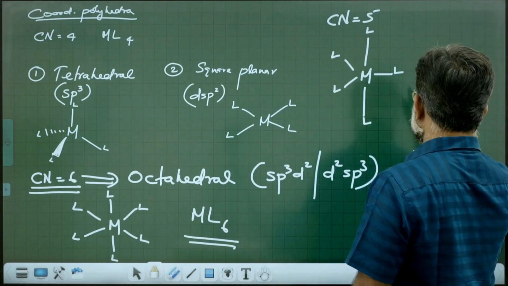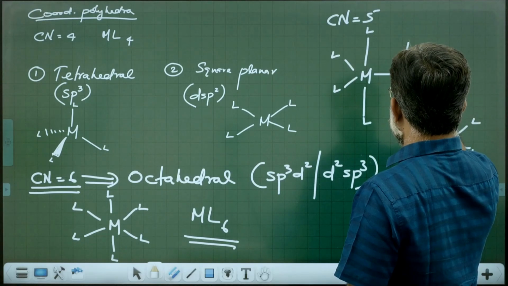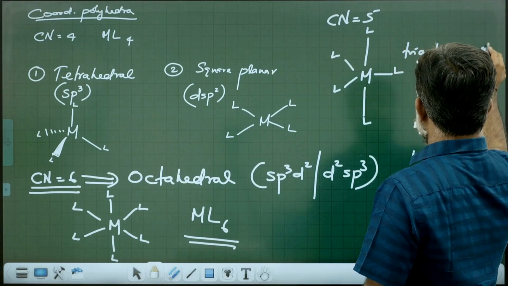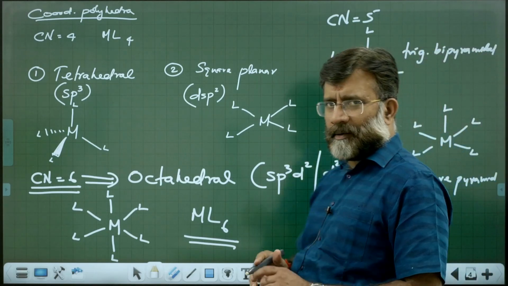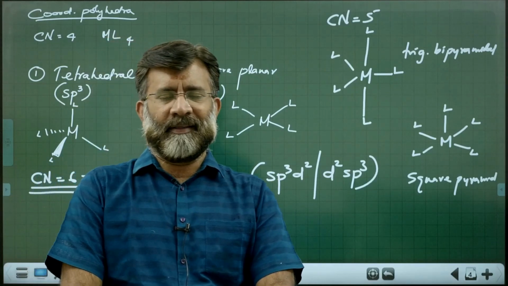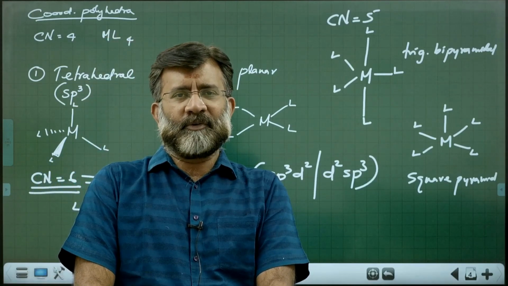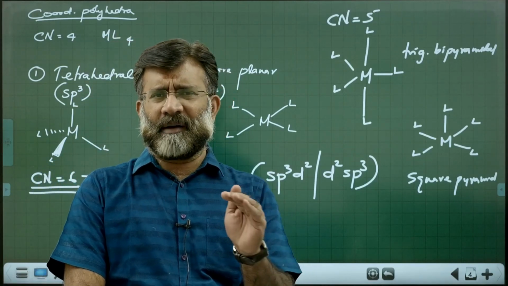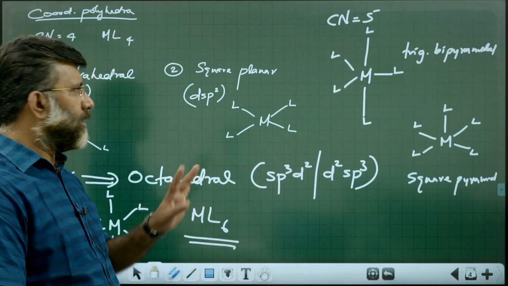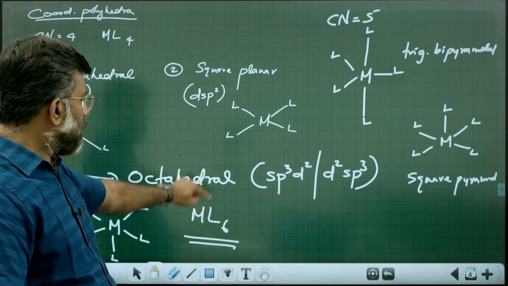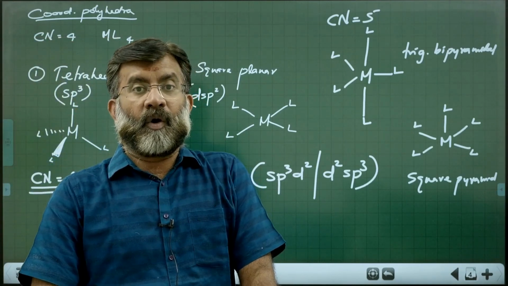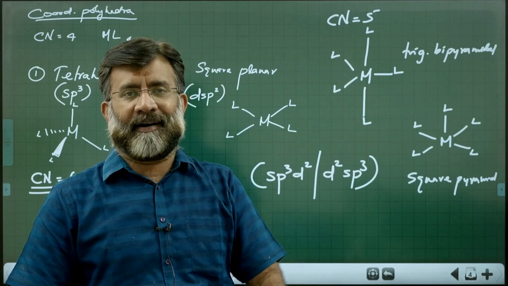These are coordination number 5 systems, but less common compared to the other categories. Most commonly encountered are tetrahedral, square planar and octahedral, and they are called coordination polyhedra.